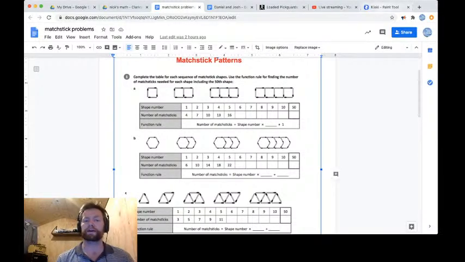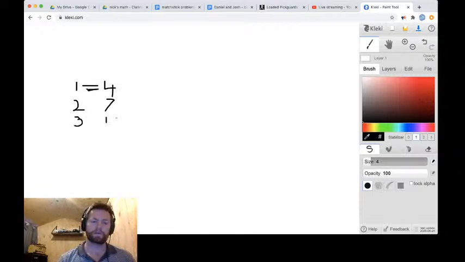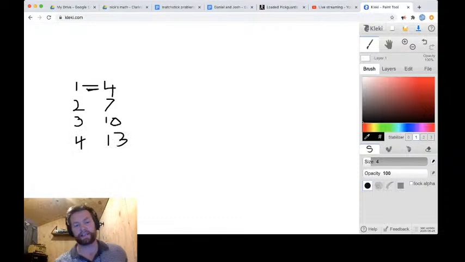So if we write that down, 1 equals 4, 2 equals 7, 3 equals 10, 4 equals 13. Now, the key thing to look at is how much it's increasing by each time.